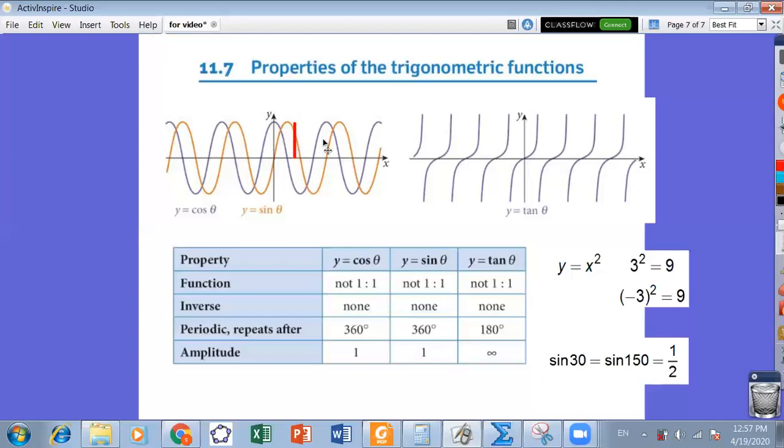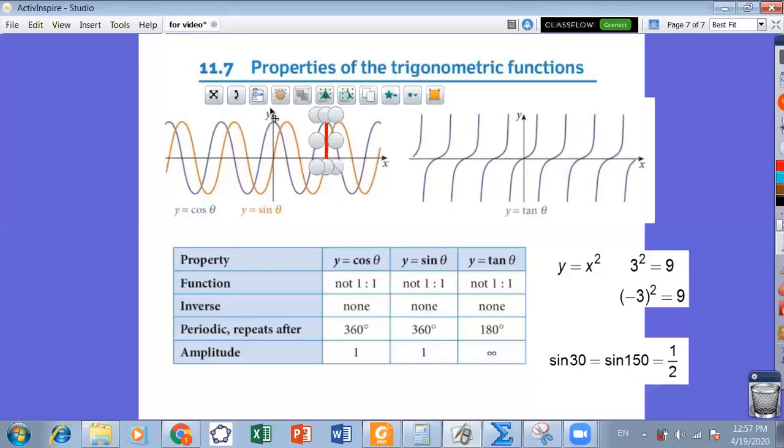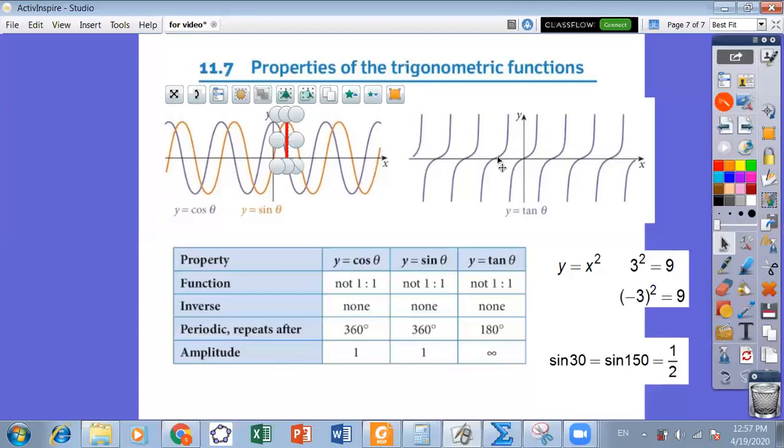The same thing works for cosine. So sine and cosine have an amplitude of 1. We cannot say the same about the tangent, because tangent goes to infinity. For that reason, it says here it's infinity. That's the amplitude.